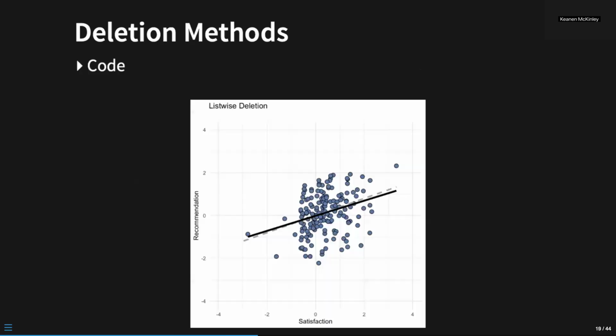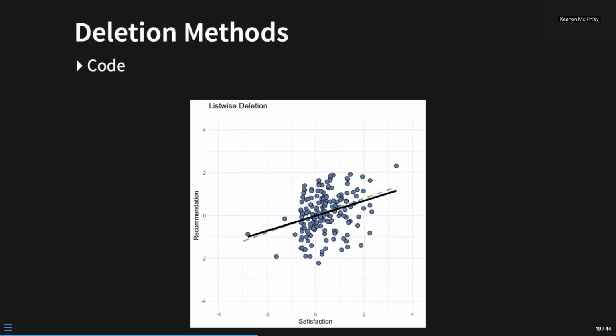So if we were to look at that visually, recommendation scores are being removed based on satisfaction. And in this scenario, for lower satisfaction scores, the probability of a recommendation score getting removed is higher. So that's why we see more values on the left removed between satisfaction and recommendation.